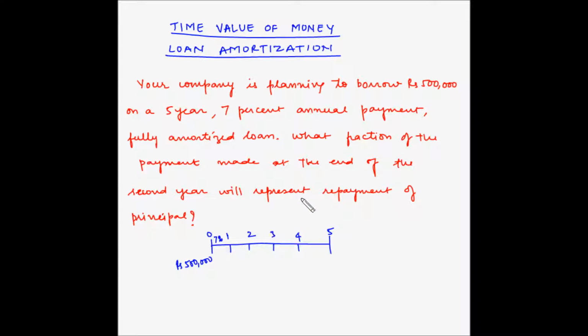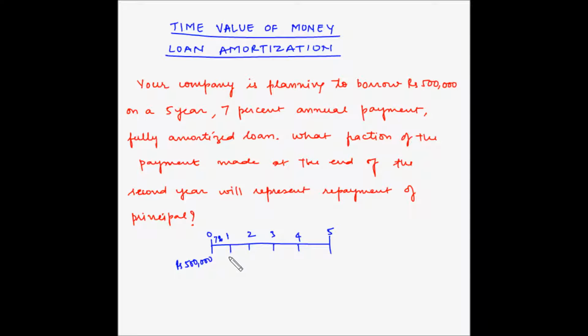Now we are being asked to find out what fraction of the payment made at the end of the second year will represent repayment of principal. Since your company is borrowing 500,000 rupees, this amount will have to be repaid in the form of regular payments through the next 5 years.